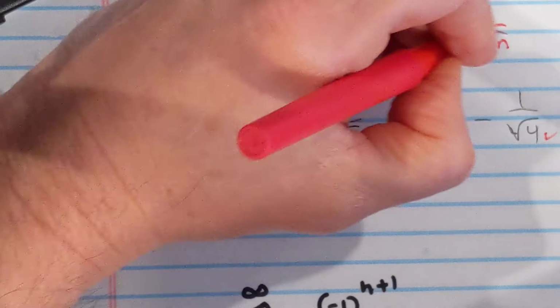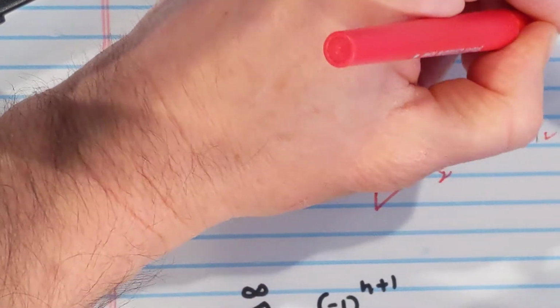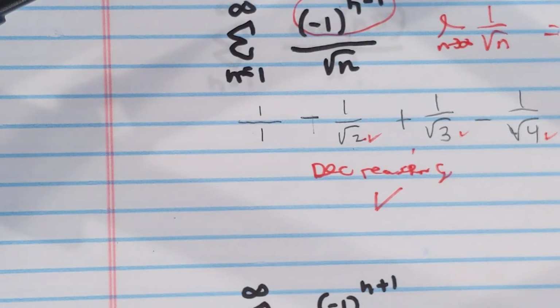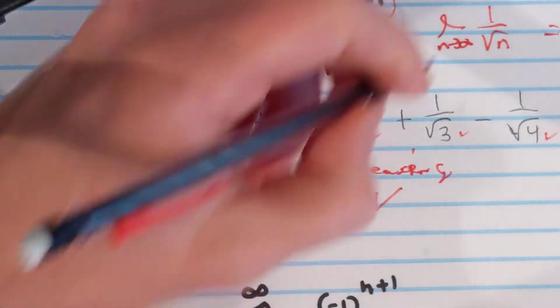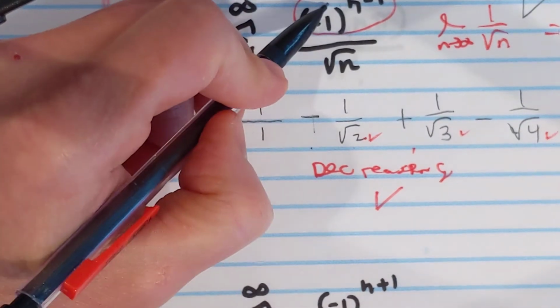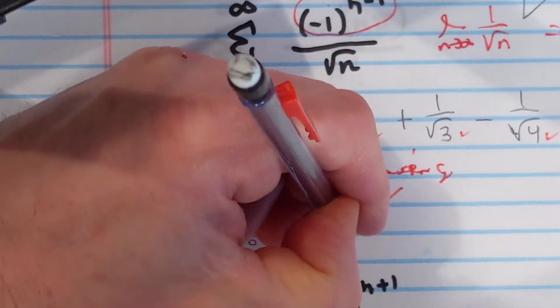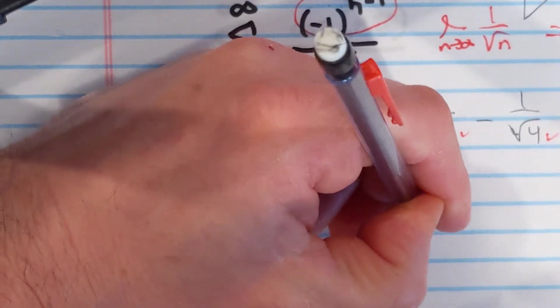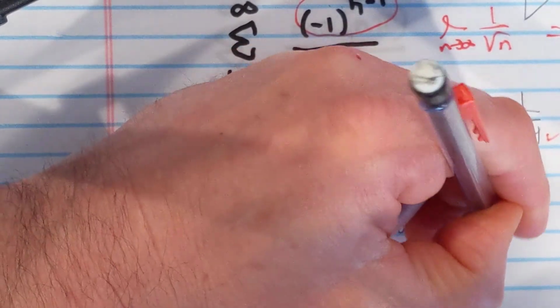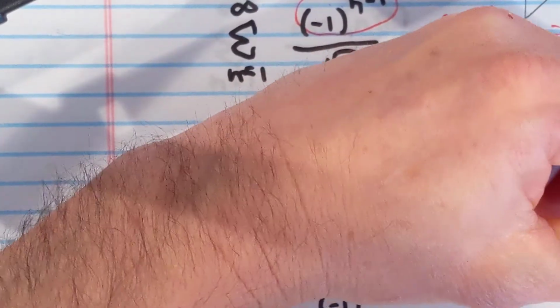And if I take the limit as n approaches infinity, I get 0. Now normally the nth test would not be conclusive, but here we've got the fact it's decreasing, and we've got it alternating. Therefore, by the alternating series test, it converges.